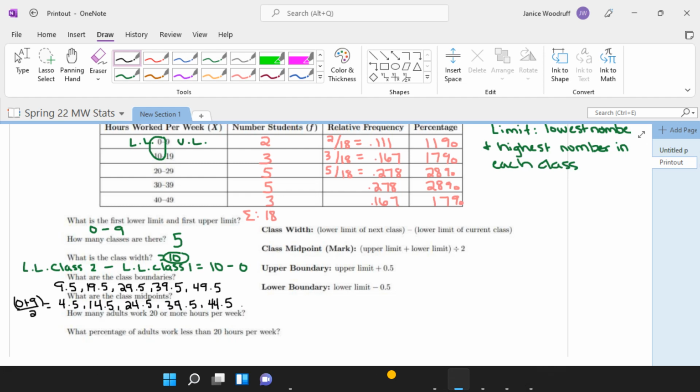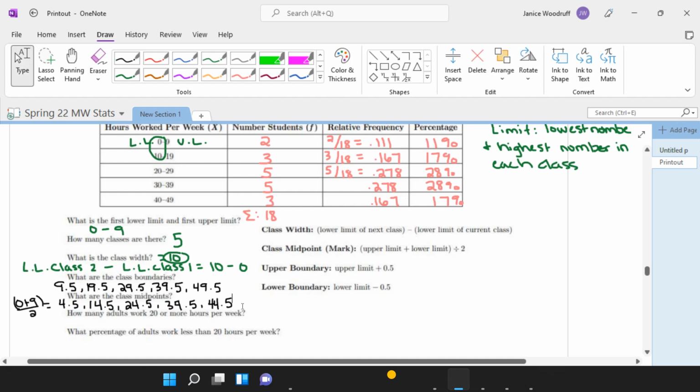So we have, how many adults work 20 or more hours per week? How many in this survey or in this sample? Yes, because we would do the 5 plus 5 plus 3 here. That would be 13.